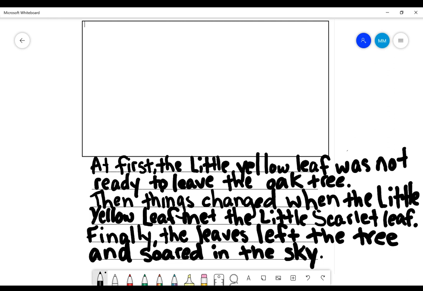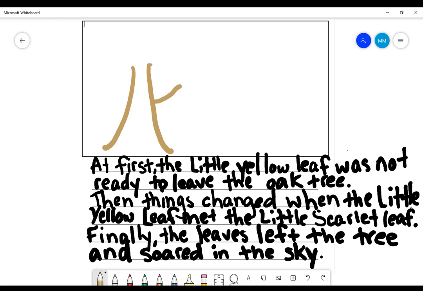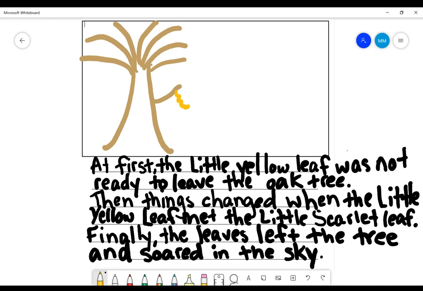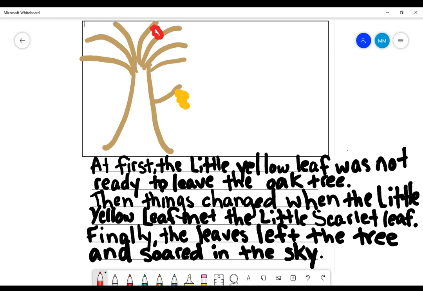All right, second grade Smarties, when you are finished with this writing, you can draw an illustration at the bottom. So I might draw a tree. This is not the most beautiful tree, but it is a tree. So the leaves are getting bare. Okay, and I would draw my little yellow leaf and maybe my scarlet leaf, because remember the scarlet leaf's kind of higher.